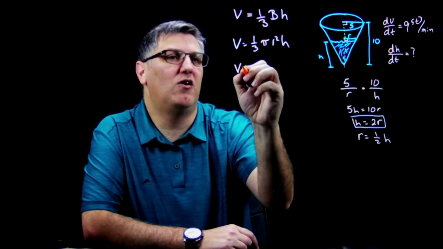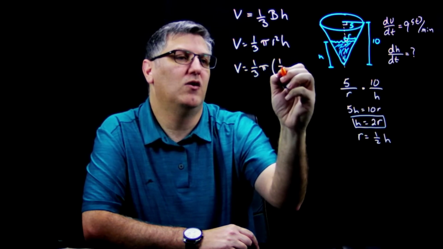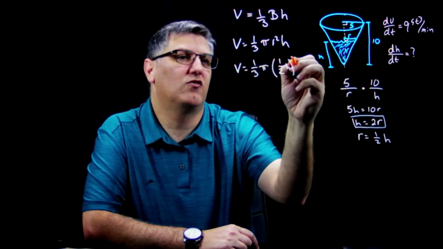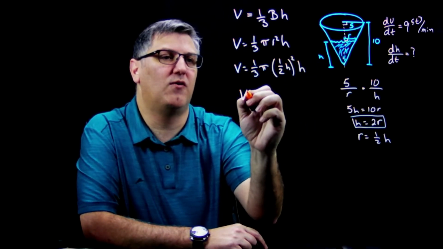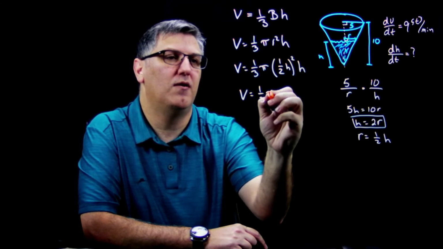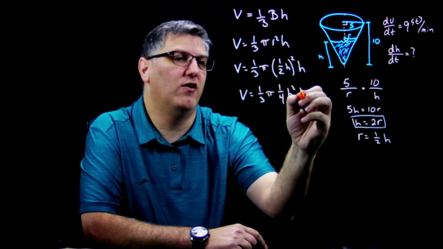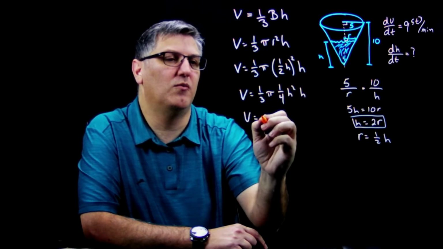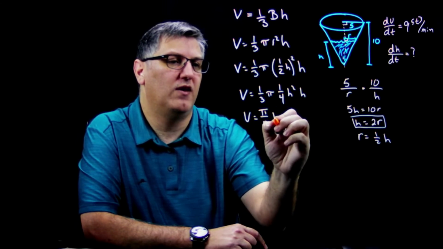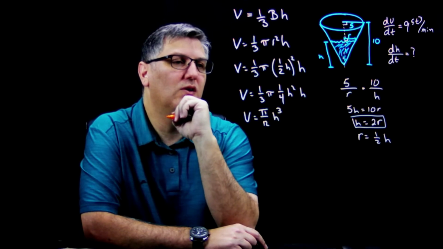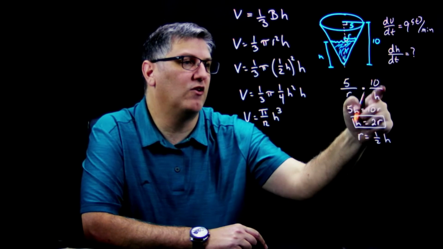My volume is 1/3 pi times (1/2 h) squared times h. I can simplify this to 1/3 pi times 1/4 h squared times h, which gives a volume of pi over 12 h cubed. So now I have a nice volume formula that's set up off of this ratio.